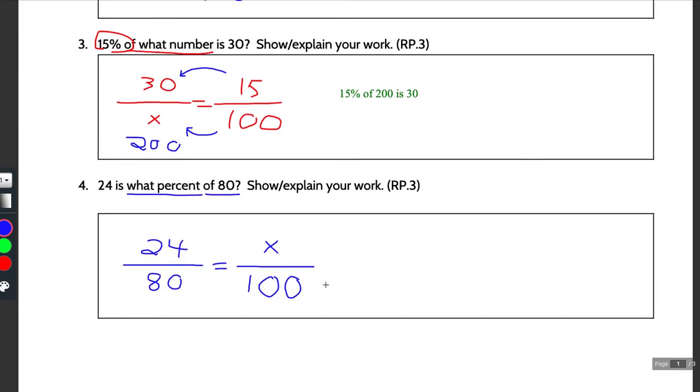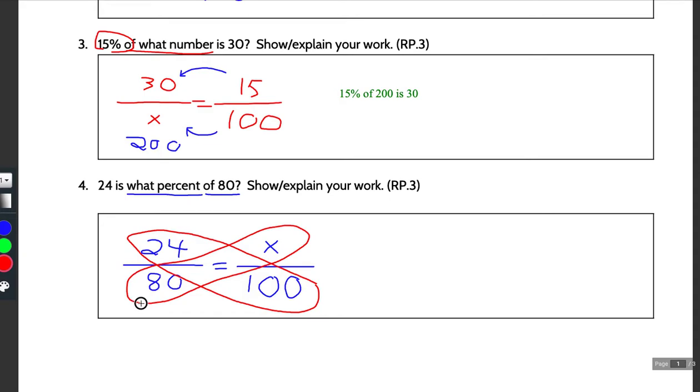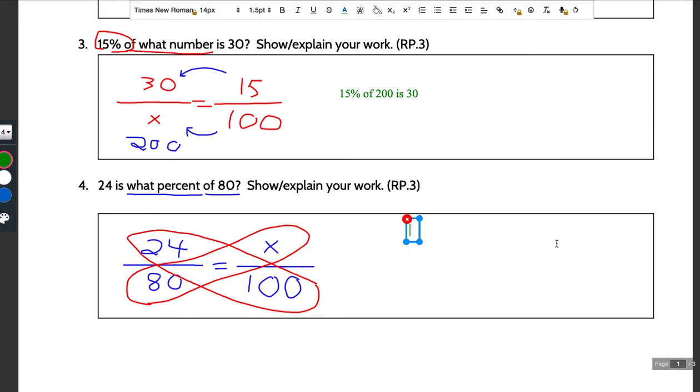This one I will solve using the cross products. The other way you can solve proportions is that 24 times 100 should equal 80 times x. The diagonal ones equal each other.